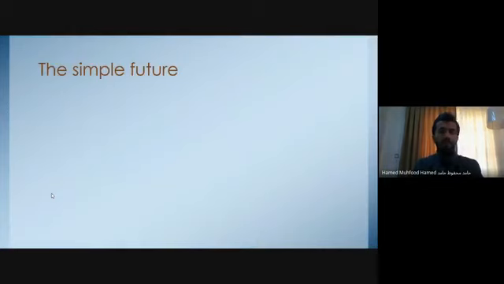As you remember, when we studied the past tense and the present tense, when we wanted to form a sentence, we studied the three types of sentences. How to form these three types. We start first with the affirmative sentence. So how to form an affirmative sentence in the future tense?